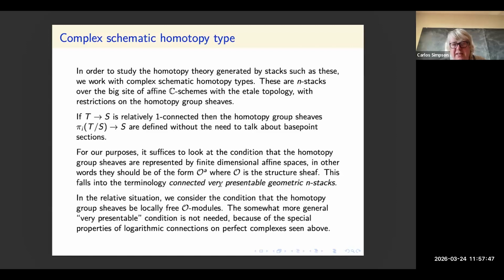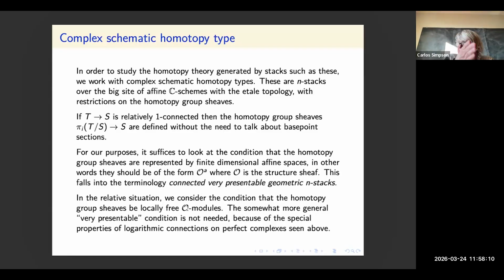There's a terminology of connected very presentable geometric n-stacks, which is a little bit more general. But in our case, it turns out that we don't need that greater generality, because we can just restrict to the case that the homotopy group sheaves be locally free O-modules, even in a relative situation.